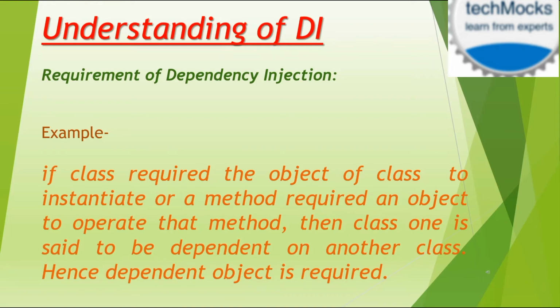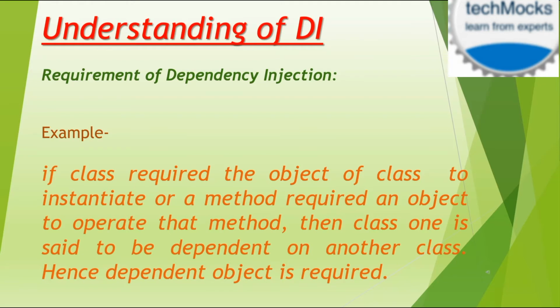An employee must have an address, so address is another class and employee is another class. Whenever you instantiate the employee object, it will have an address class object also. So you can simply understand that employee requires the object of another class, that is the address.